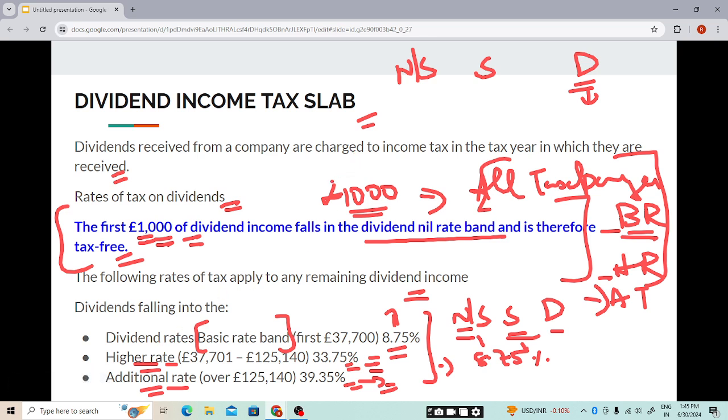Now for dividend income, dividend received from the company will be charged in the tax year when it is received. The tax rates on dividend income also have a £1,000 nil rate band. Whatever kind of taxpayer he is, whether his total taxable income is falling within the basic rate limit, higher rate limit or additional rate limit, there is a fixed £1,000 nil rate band.